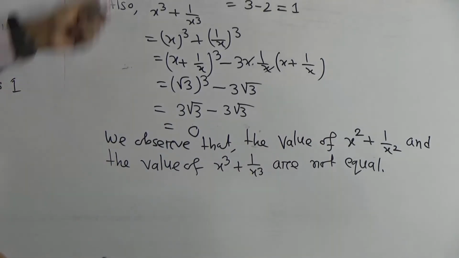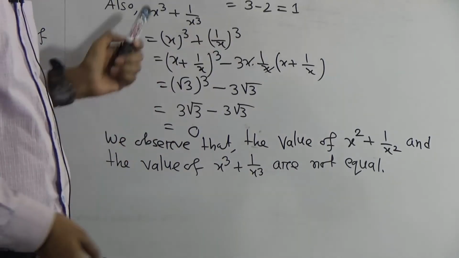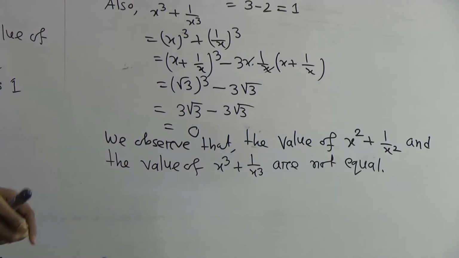Why? Because x square plus 1 by x square equal to 1 and x cube plus 1 by x cube equal to 0. Okay, this is the mathematical logic.